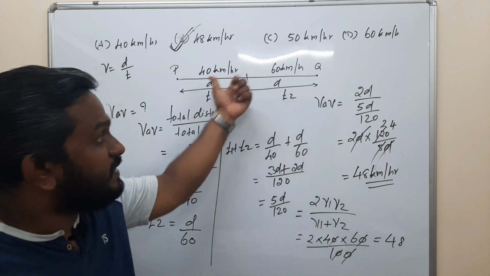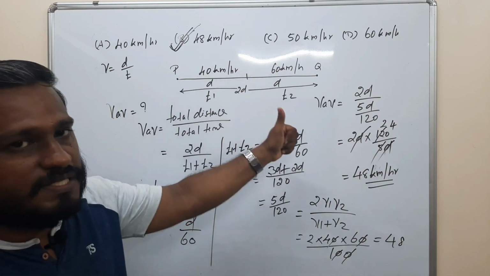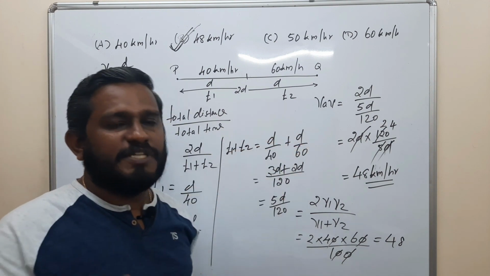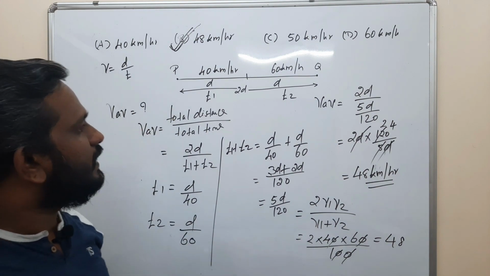But what is the average velocity in that case, from P to Q and Q to P? Average velocity is equal to 0 because displacement is equal to 0. Clear?